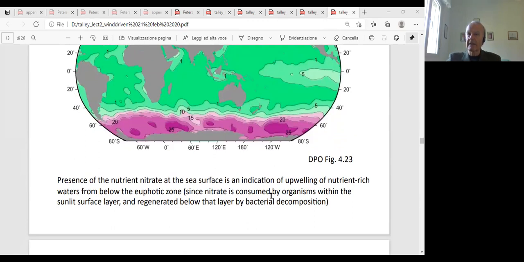This is one indication of the presence of nutrient-rich waters from below the euphotic zone. The euphotic zone is the layer where the light enters the water column, where the phytoplankton or chlorophyll-rich plants can live.